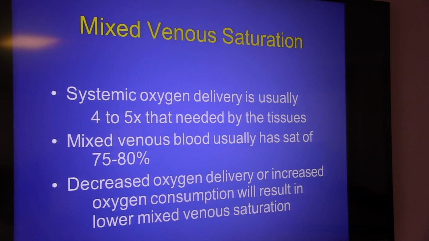So when we see a fall in mixed venous sat, it can be that the patient's consumption is increasing. If your mixed venous sat is falling and you're on as much flow as you can get away with in terms of how much venous return you have, which is often the case for our smaller babies, one of the things you can do is think about how can I decrease the patient's demand.